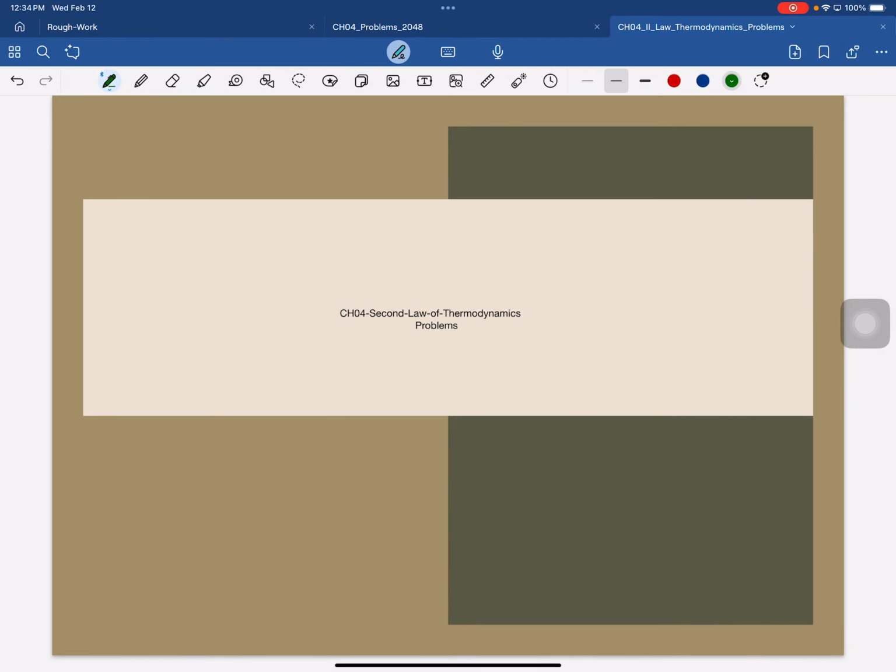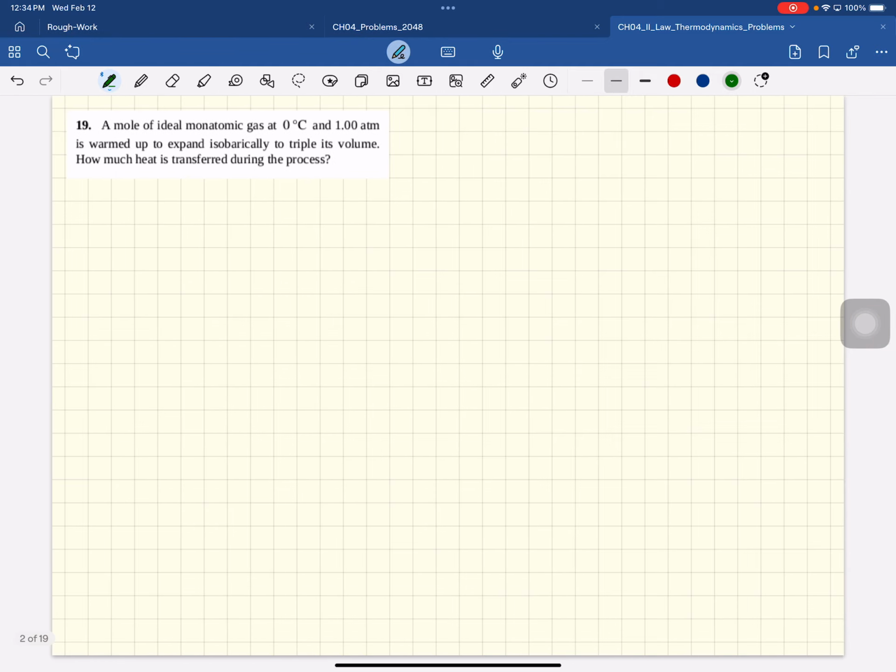All right, so this first problem says a mole of ideal monoatomic gas. Whenever they say stuff like this, they're telling you CV and CP. CV is 3/2 R for a monoatomic gas.